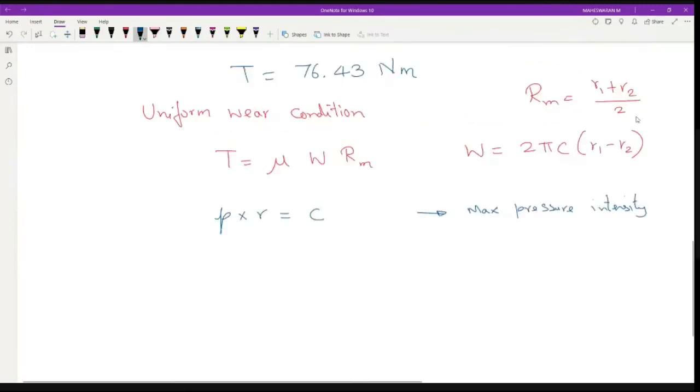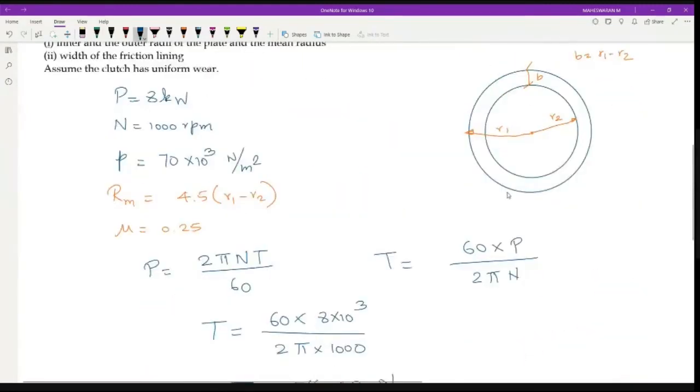This is the clutch disc where you have maximum pressure, that is, where it wears first: the inner radius or the outer radius.